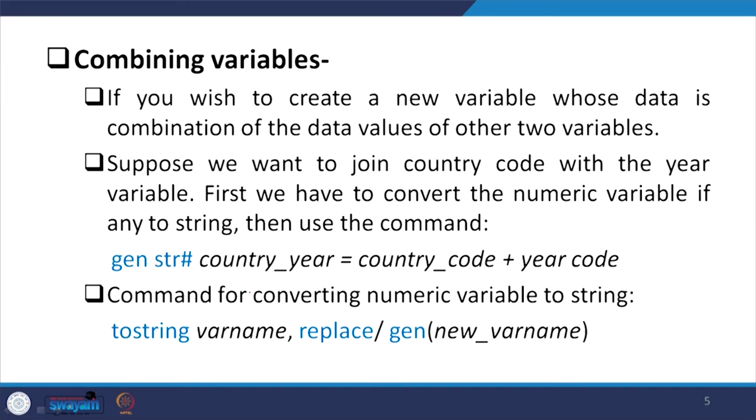All right. Now, what is also important after understanding the labeling is combining variables; there are some intricacies involved. Not necessarily all variables can be combined at one's own wish. If you wish to create a new variable whose data is a combination of data values of two other variables, suppose we just want to join country code, or even in our data state codes, with the year variable.